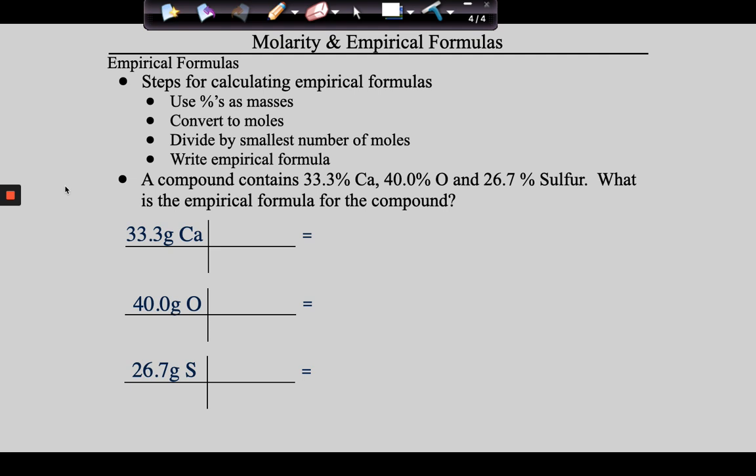Now guys, I know that you're thinking, wait, these were percentages. They were, but we just changed them from percentages to grams, and we can safely do that. So we just did step one. Use percentages as masses.